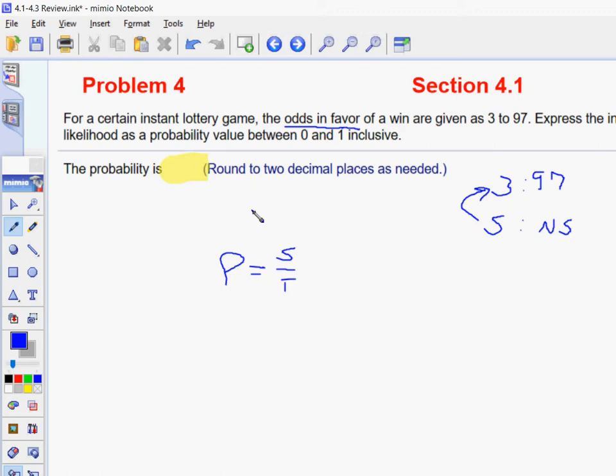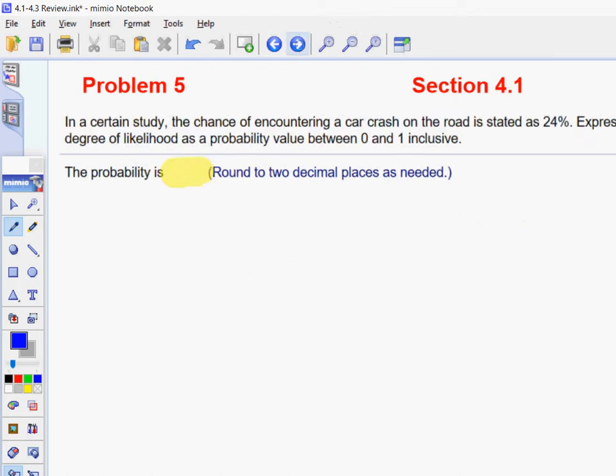That's 3. And then the total, like if I was to put everything into the hat, would be the successes and the not successes. So I just add the 3 and the 97 together. That's the total. So 3 is our successes, and the total would be 3 plus 97, which is 100. And that is 0.03. Next question.